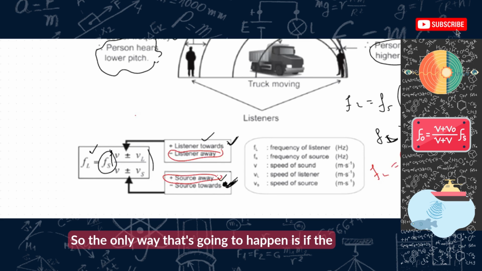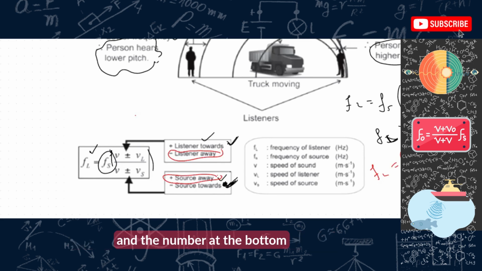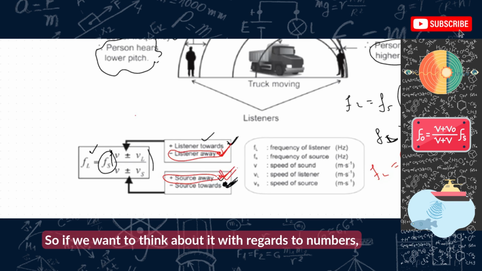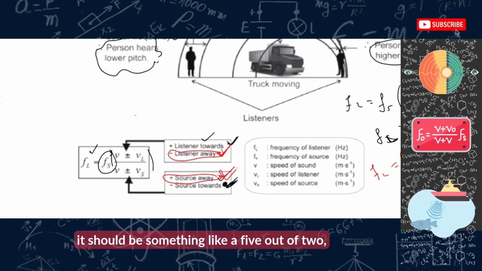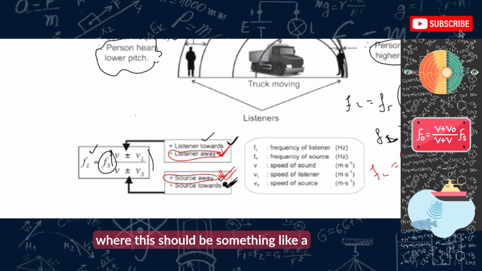So the only way that's going to happen is if the number at the top is small and the number at the bottom is large. And that is why we are subtracting at the top and adding at the bottom, so that the ratio is small. If we want to think about it with numbers, it should be something like 5 out of 2, where this should be something like 2 out of 5.